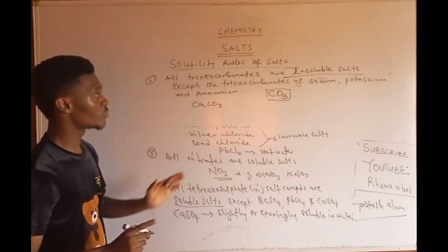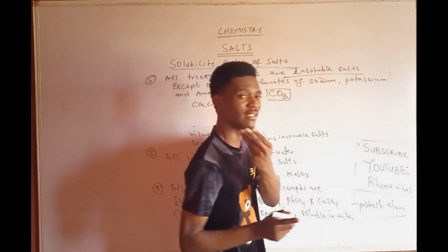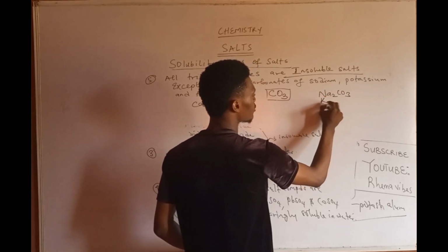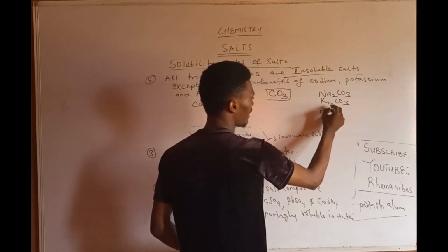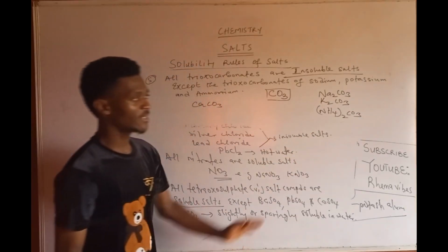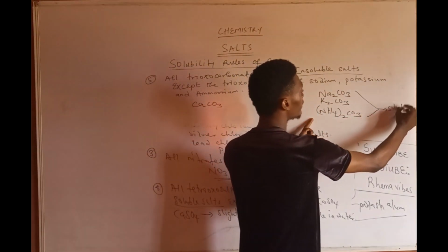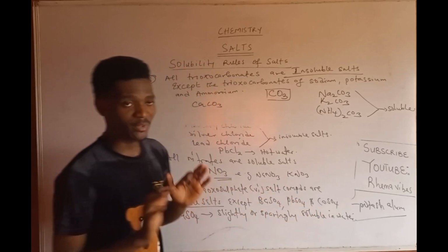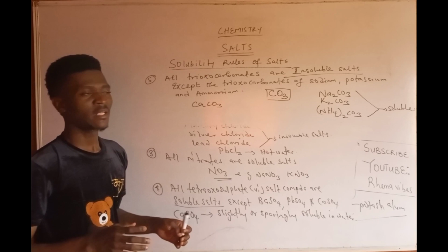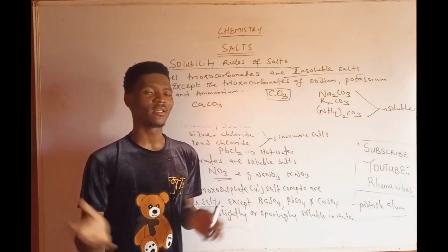The only trioxocarbonates that are soluble are just three: Na2CO3, K2CO3, and (NH4)2CO3. The others are insoluble. Please get this point straight. If you know these rules, you will not be having issues with which one is soluble and which is insoluble.